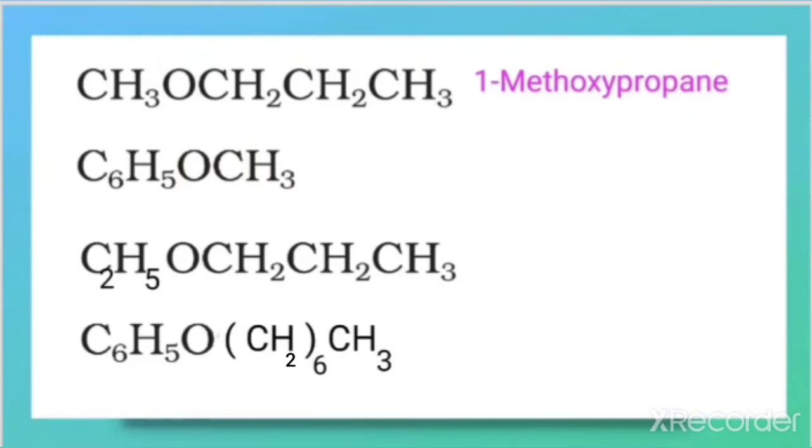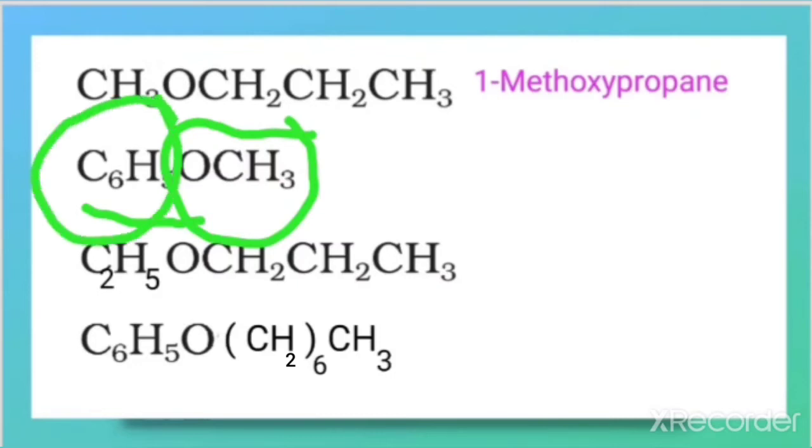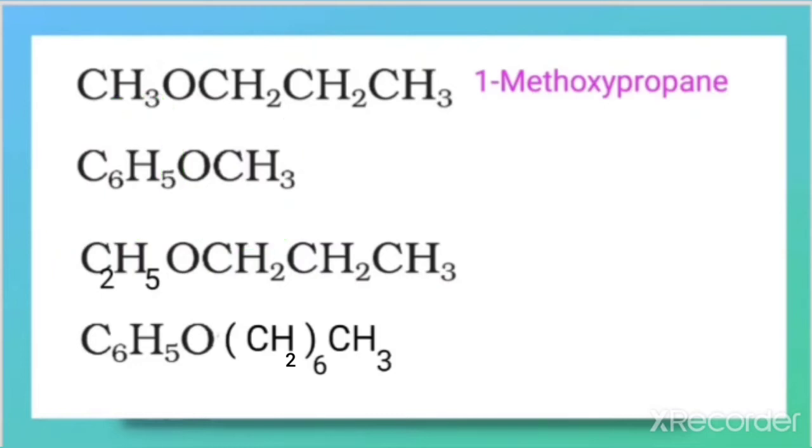So the group with the greater number of carbons is taken as the main chain and this is taken as the substituent here. The substituent is the smaller alkyl group with oxygen, that is the alkoxy here, and this one will be the main chain. So how do we name this one? Because the main chain is benzene, OCH3 is named as methoxy and C6H5 as benzene. So methoxybenzene, which is also commonly called anisole.